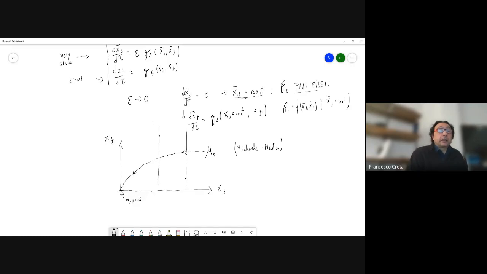And so these are F0. So they depend on where you start from. They depend on the initial condition, and they will lead you like this to the slow manifold, okay? So that's a little bit the backbone of the dynamics of the system, okay?